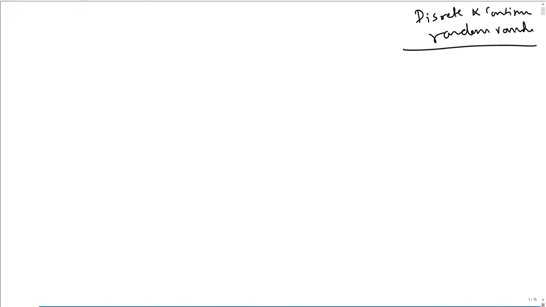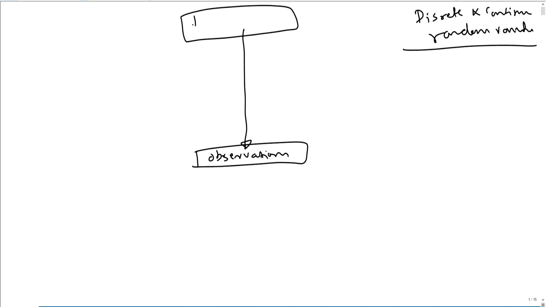So, we started with a very fundamental assumption that whatever data or observations you are seeing in your experiment comes from a true generative process, right. So, there is some true underlying generative process that is generating the data that you are seeing in your experiment.